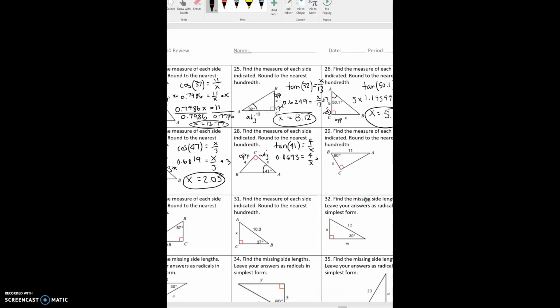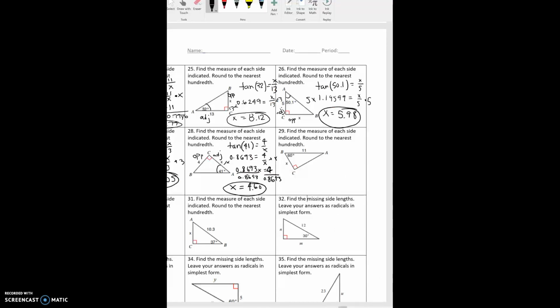We have to multiply both sides by x to get it out of the denominator. So we're left with 0.8693x equals 4. 4 divided by 0.8693 on both sides. And x equals approximately 4.60.